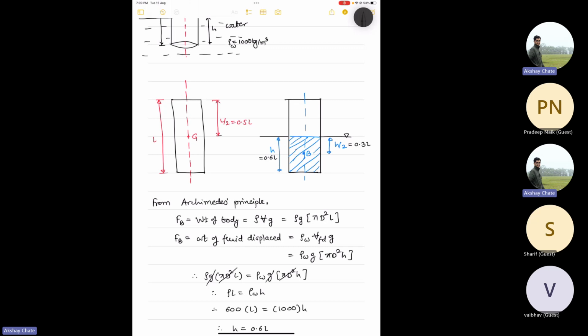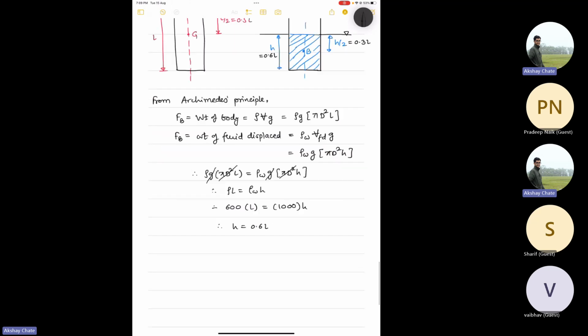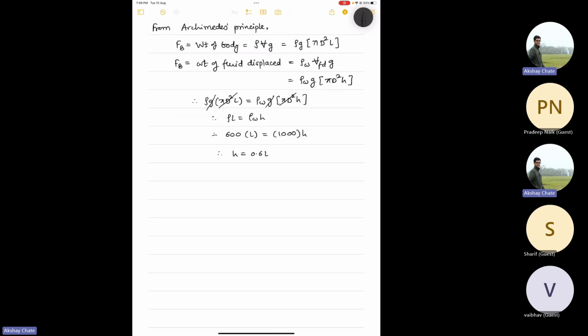So okay. Now what we'll do, we'll make a composite sketch. Actually, I did not mention this when I introduced the concept of metacenter, and this BM is called as metacentric height. So there is a formula to calculate metacentric height.